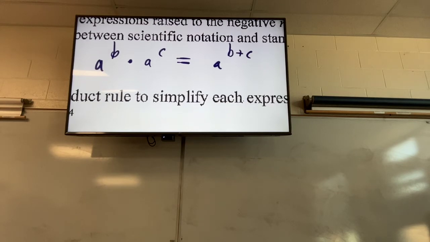A to the b times a to the c equals a to the b plus c. So two exponents with the same base and different exponents, to combine them into one power, you just add the exponents.